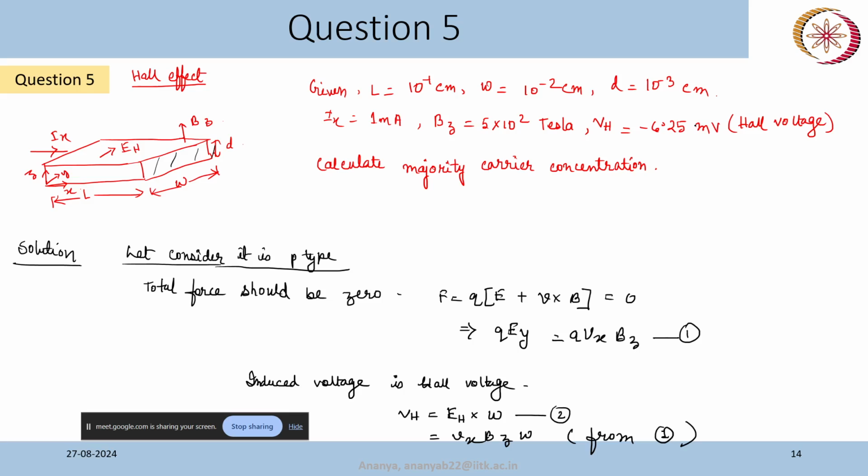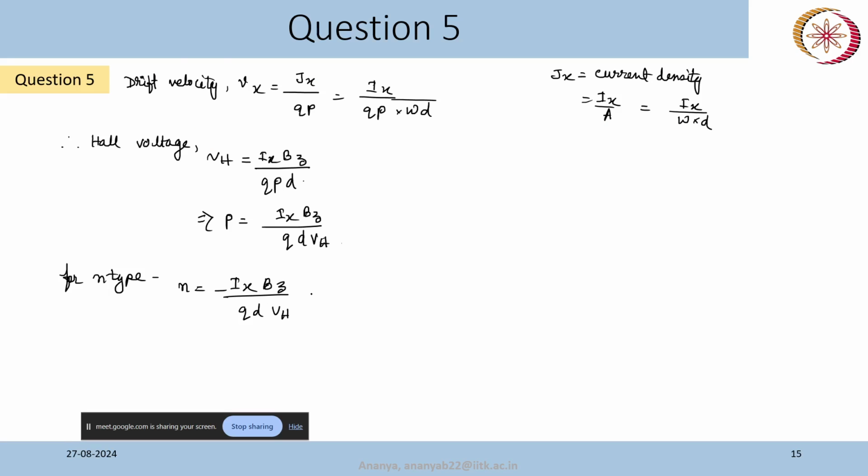As I mentioned earlier, if our coordinate system is like this, then the electric field due to holes will be positive and the electric field due to electrons will be negative. That means if the Hall voltage is negative, our material is of N type. Right? So we will use this expression.